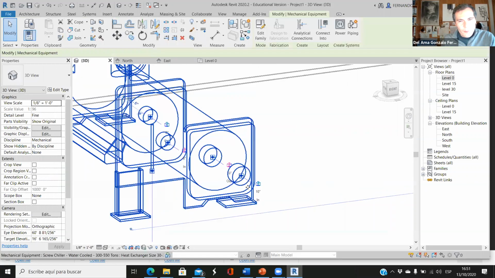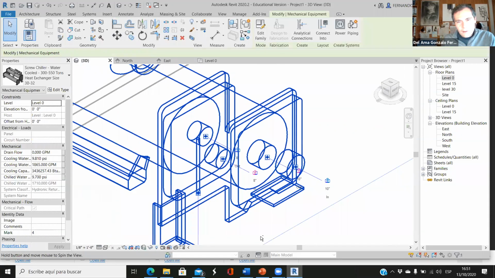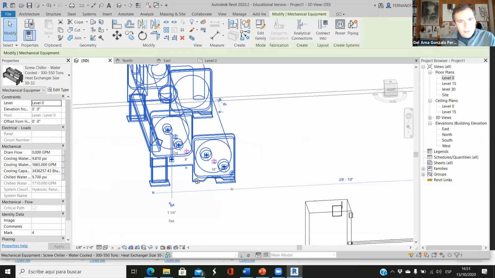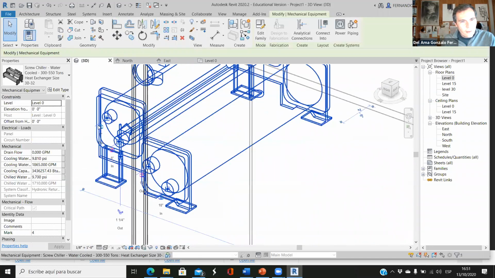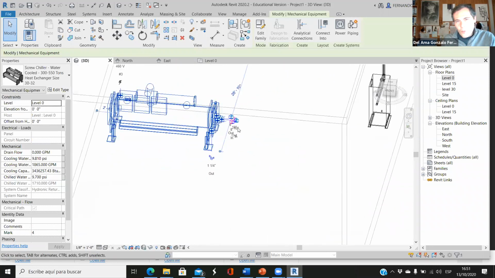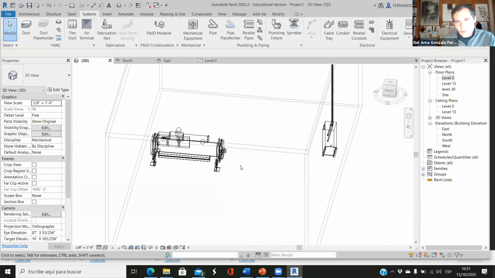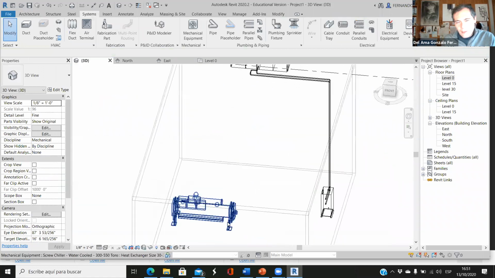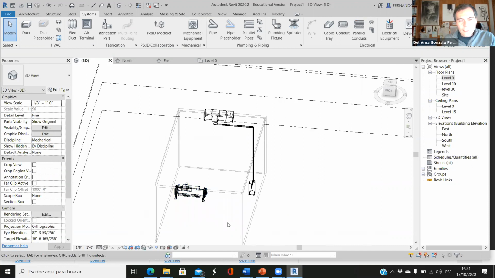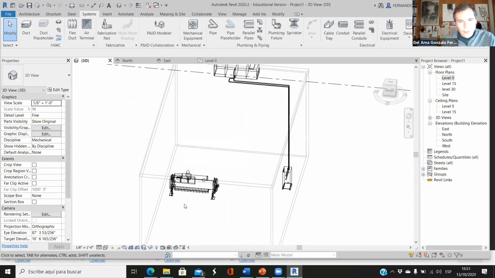Okay, so for the evaporator, we have inlet and outlet, and we have inlet and outlet for the condenser. Okay, so one of them has to be connected to the air handling unit, and the other one has to be connected to the cooling tower. Okay, so let's do this.